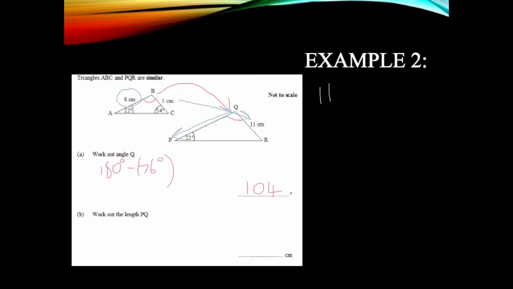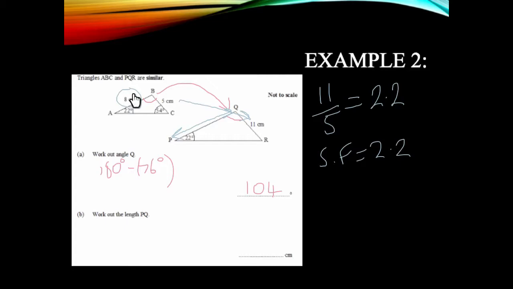In order to work out what that scale factor is, I can divide 11 by 5, and I can use my calculator to do this, or I can do it in my head, whichever. We're going to get 2.2. That means that the scale factor is 2.2, or that 5 has been multiplied by 2.2 to get to 11.